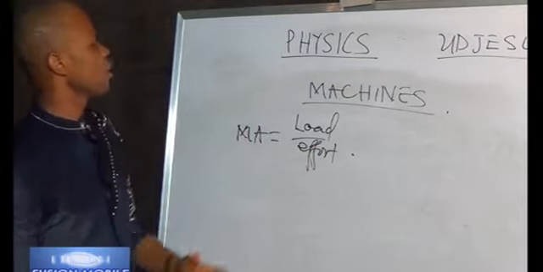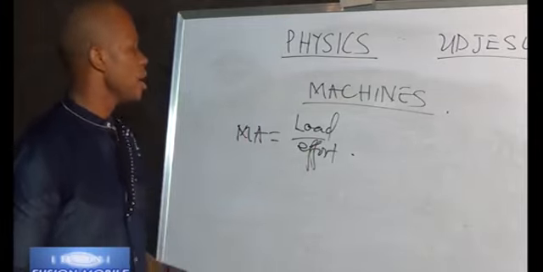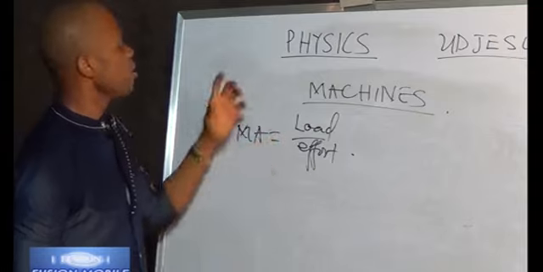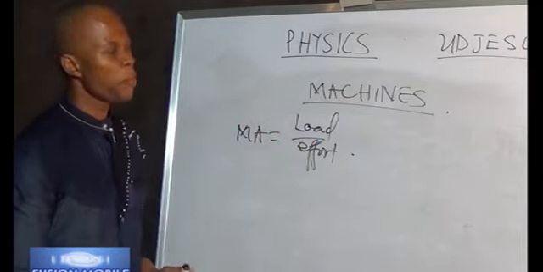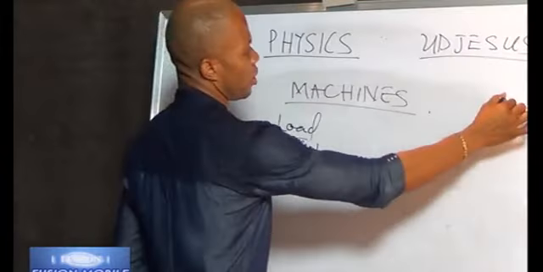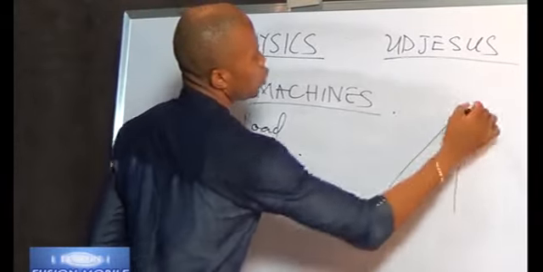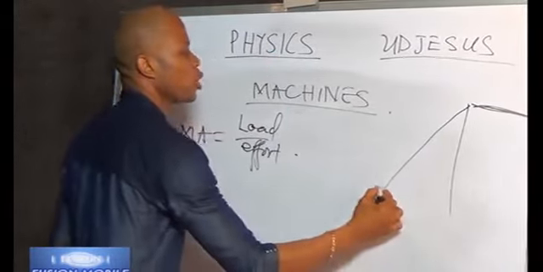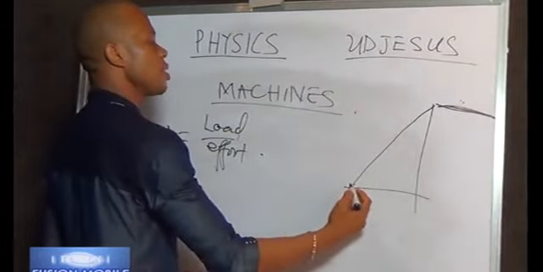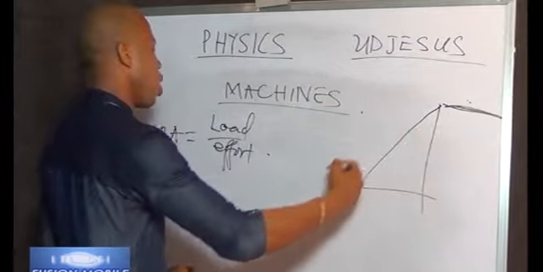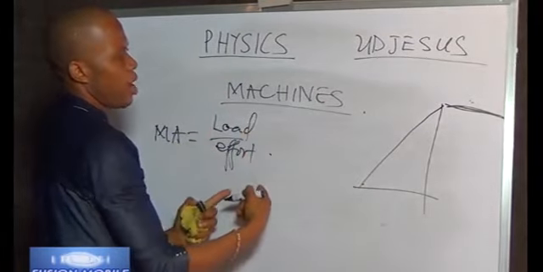Then velocity ratio, as the name implies, simply means the ratio of the effort distance to that of the load distance. For example, if you have a truck somewhere here and you want to carry something from here into the truck, there is a certain distance of the load and the effort.